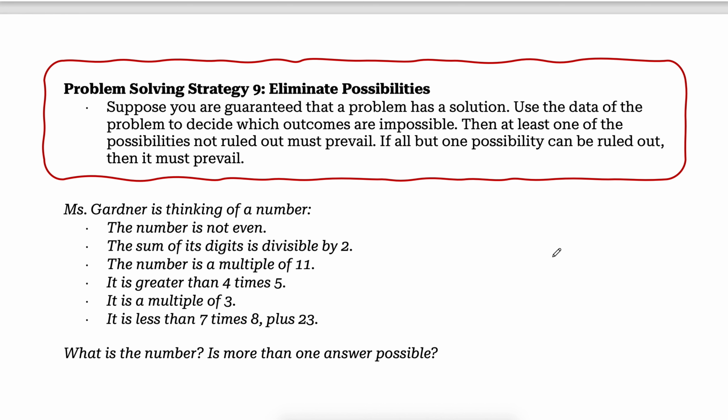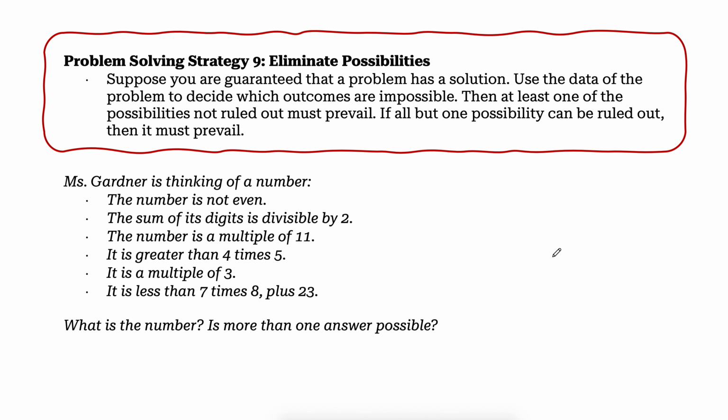I'm going to start with our limitations. We're told that the number is greater than 4 times 5. So the number is more than 20.